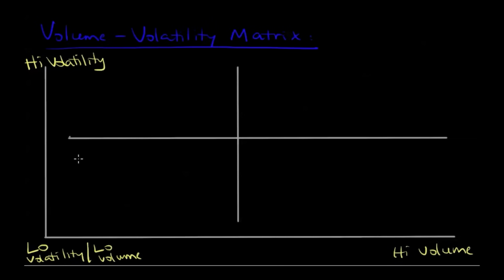The low volume, low volatility part, you usually find on bank holidays, or just before big event risk.